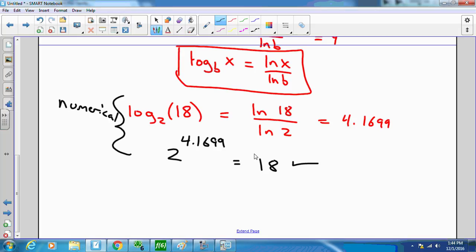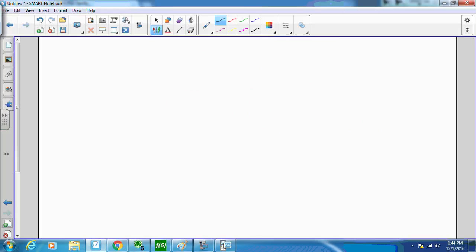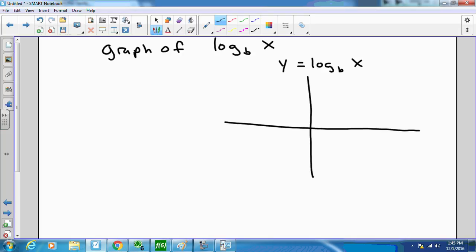And we might call this a numerical use. If we turn over now to the graph of log base b of x, then we can think about that graph in two different ways. First of all, we can think about that graph in terms of the change of base formula.